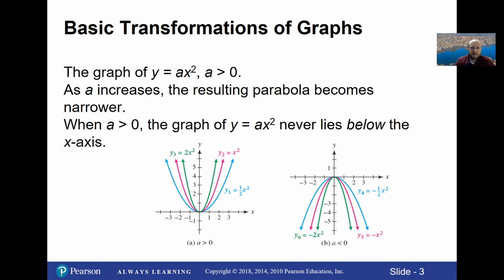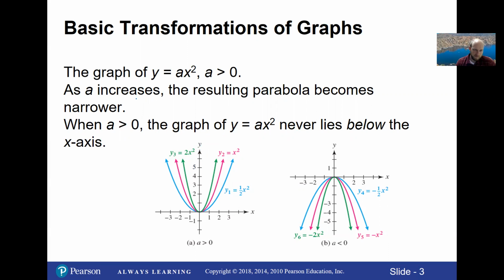We're taking the graph of a parabola and doing certain things to it to see how it affects it. Sometimes we might have a number in front of x squared. Sometimes we might have x minus 3 or x plus 3. Sometimes we might have x minus 3 squared plus 1, whatever. We're going to learn what all that means in this section.